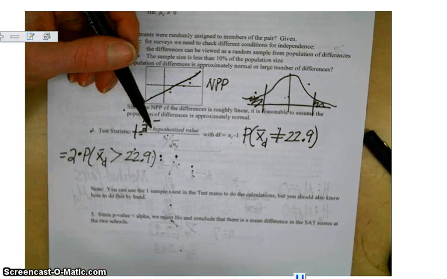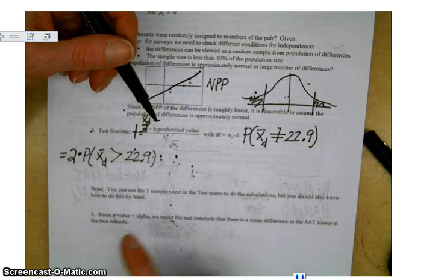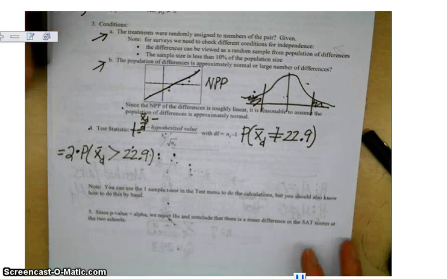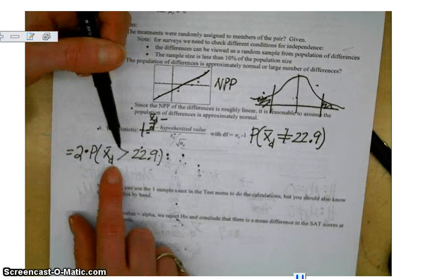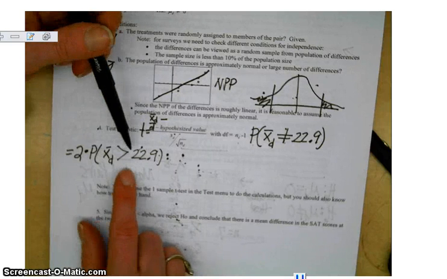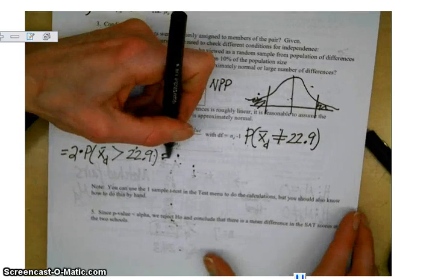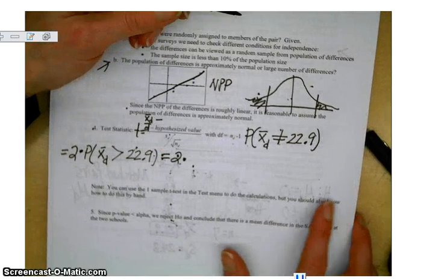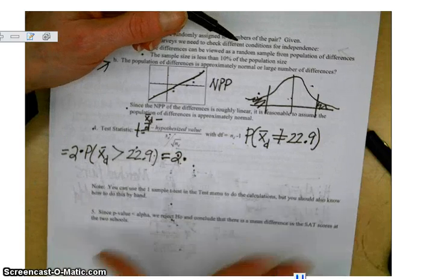If our average difference was negative, our mean difference was negative, we would go less than. This is a positive difference, so we go greater than that. What if it's more positive than this? As extreme or more extreme? Okay, so now the 2 times is the very last thing you do. Now I'm going to ignore that 2 times until I have the p-value.